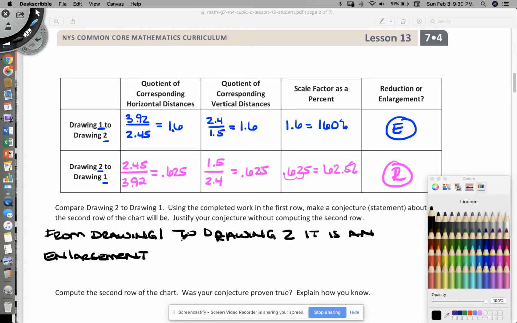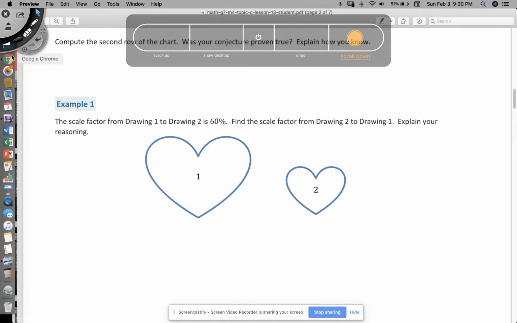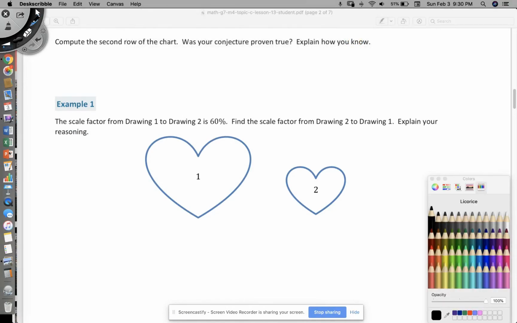All right, now compute the second row of the chart, and was your conjecture proven? I'm going to move this up real quick, erase that and move it up just so I can write a little easier here.